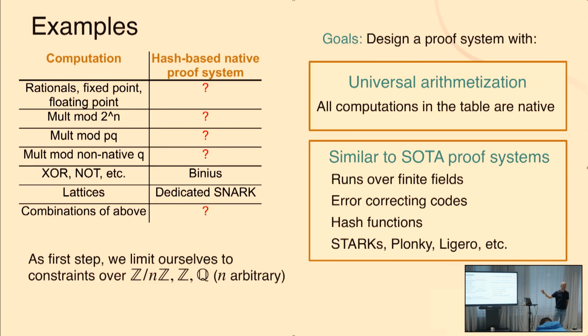So if n is not prime, then Z mod n is not a field. Just to clarify. Integers and rationals, or any combination of these at the same time. If you can build a proof system for these structures, you get the first 4 rows of this table.